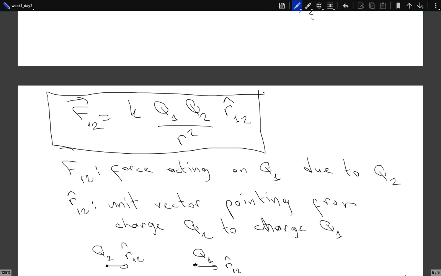It's automatically already included in this expression. Of course, if you try to sketch the direction of the force, you will need to pick a direction. But besides that, in your computations, you don't need to worry about whether it's pointing in one direction or the other one.